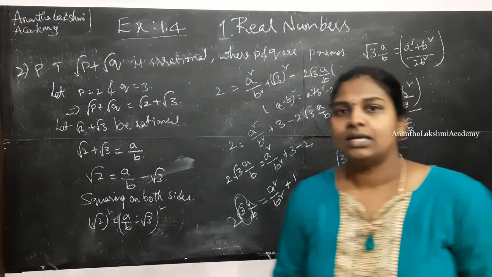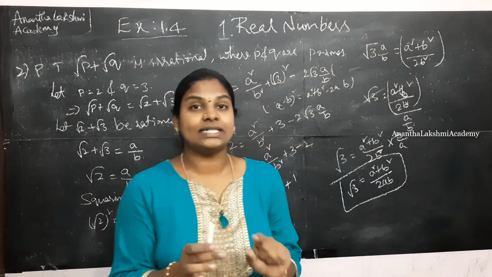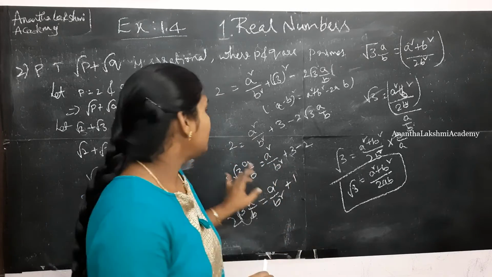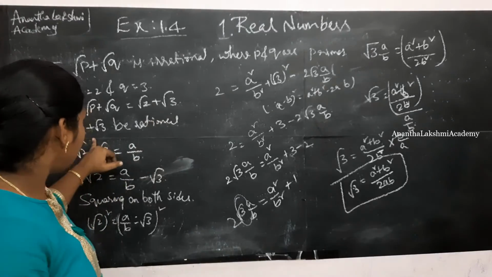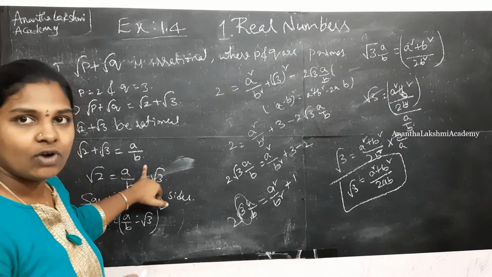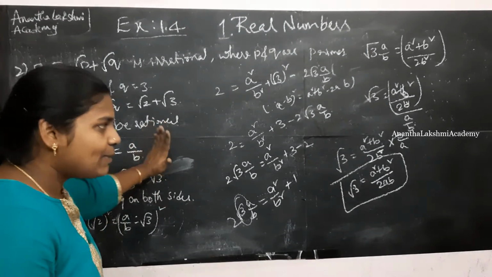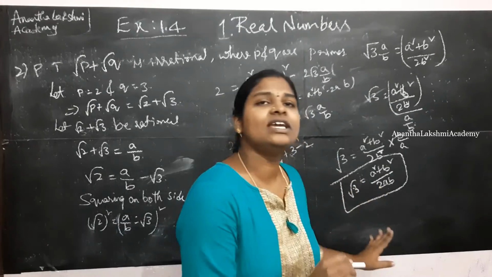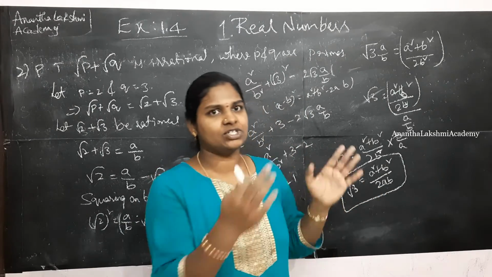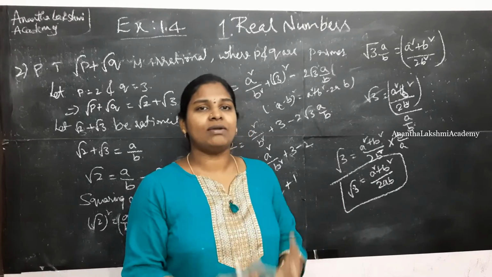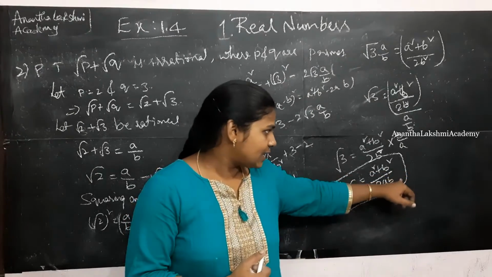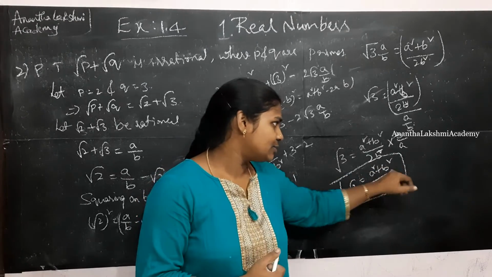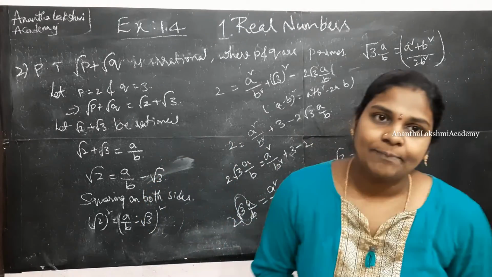Now here, writing the statements is also equally important. We assumed this to be rational and considered it to be in the form of a by b. When a by b is rational, anything in terms of a and b, whether it is a fraction, summation, squaring, or product, will become rational. So this thing, a square plus b square by 2ab, is rational.